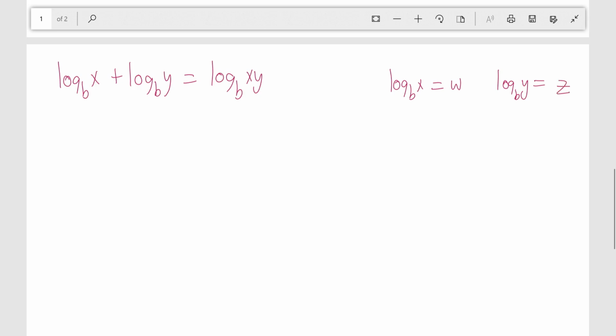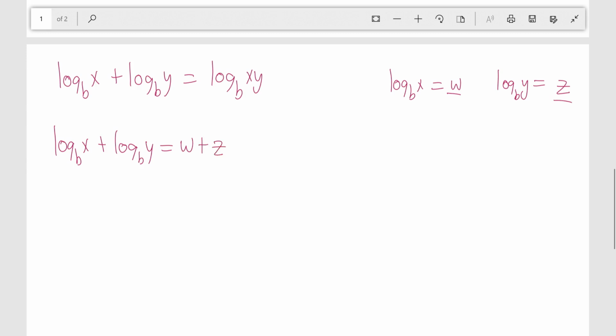I don't know what those numbers are, but the whole point is that I keep it generic so that my argument works. So then, we know that log of x plus log of y equals w plus z.